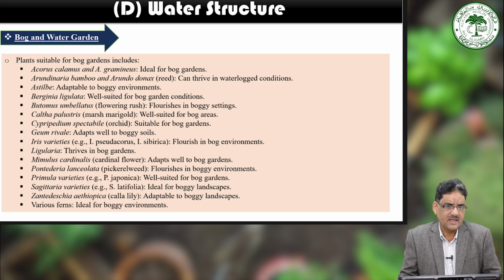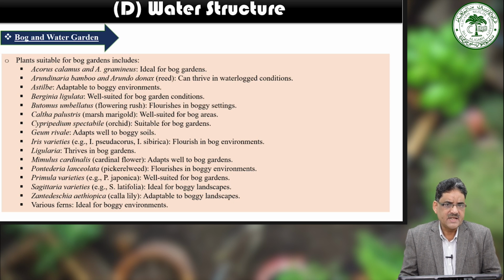Then we have the astilbe, then another plant species, that is the Iris virginica. The flowering rush, its botanical name is Butomus umbellatus. Then we have marsh marigold, orchid. Then we have the genus Ranunculus that adapts well to boggy soils.